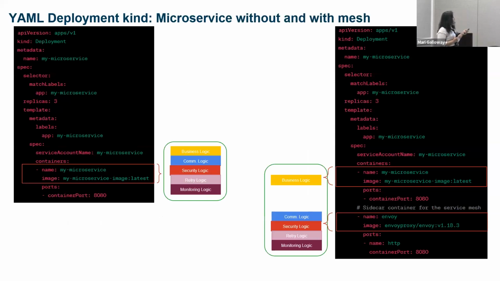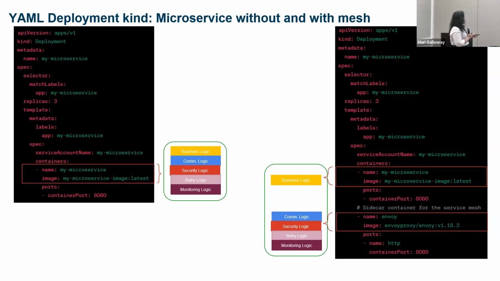So here I have a sample configuration file. There are two kinds of configuration files. This is an example of a deployment kind, and there is also another one called the service kind. In this deployment kind file, you can see that when the microservice is deployed in the environment, only the microservice is deployed. There is no proxy.